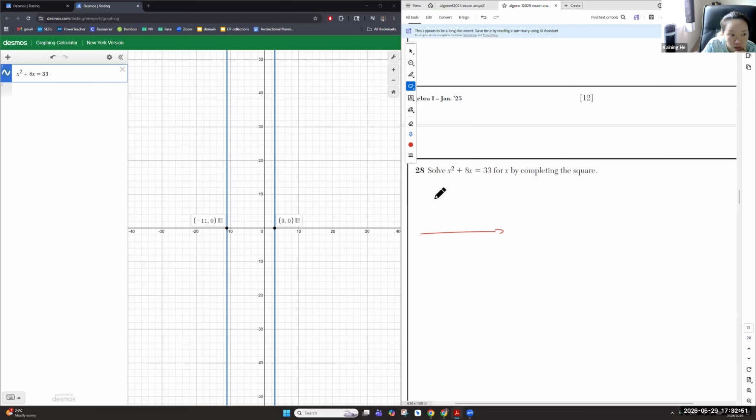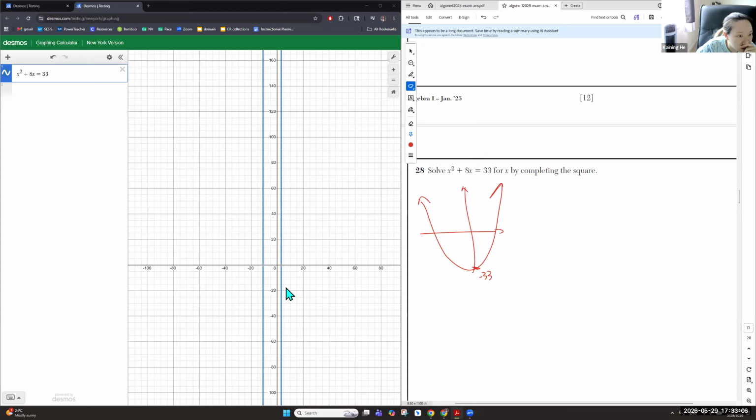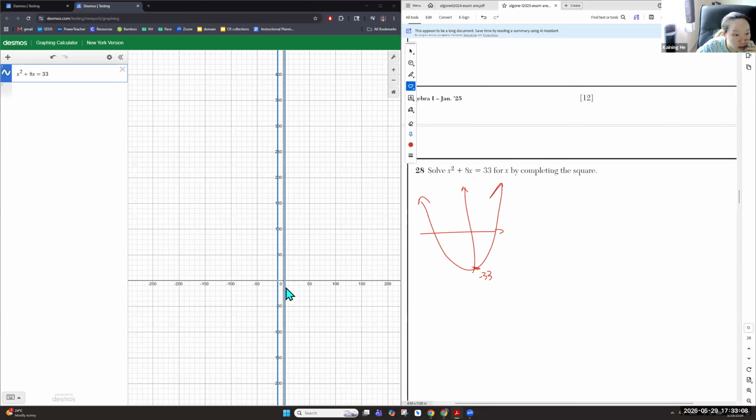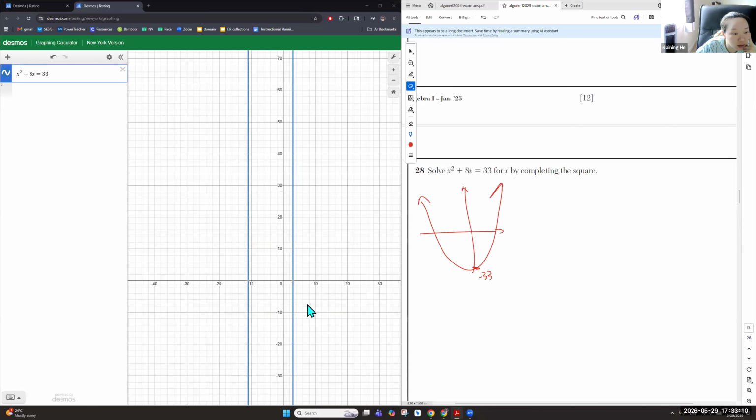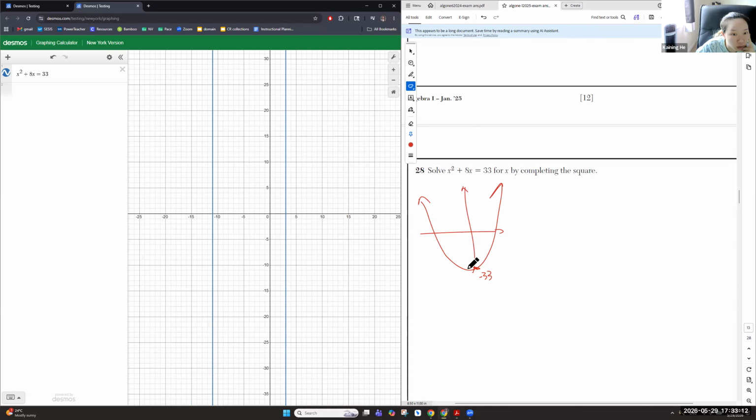If you sketch it, this is a very zoomed out picture that is going to look something like that, because it crosses all the way at -33. So it's very far away. Even further than 33. I can't tell that then. I don't technically have that -33, but we cross at a very, very bottom number.